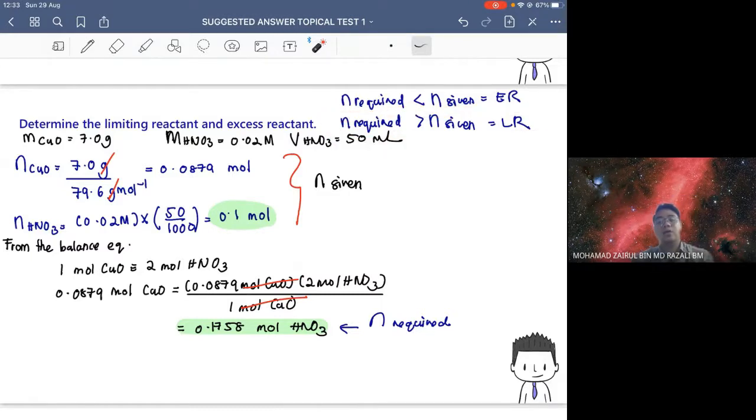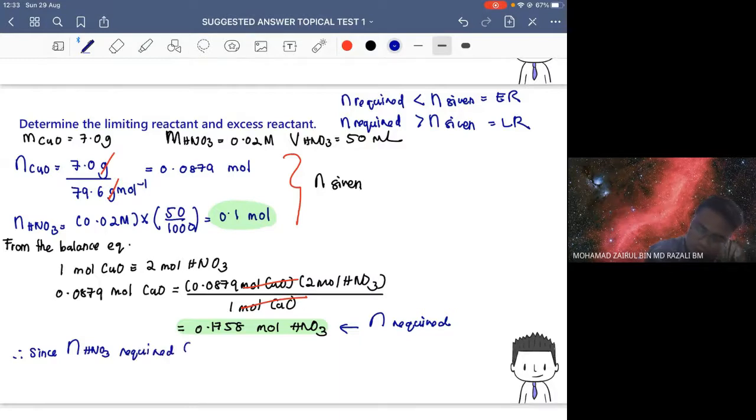So maknanya kita tahu HNO3 ini adalah kita punya limiting reactant. So kita kena buat conclusion. Since mole HNO3 required, so awak tulis value dia 0.1758 mole is larger than the mole of HNO3 given, which is 0.1 mole.